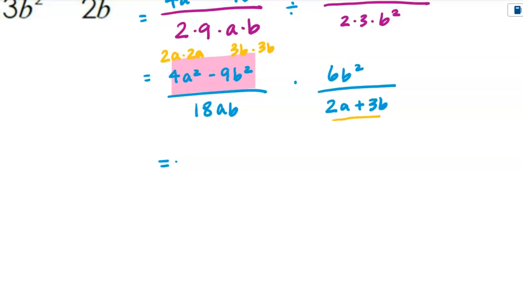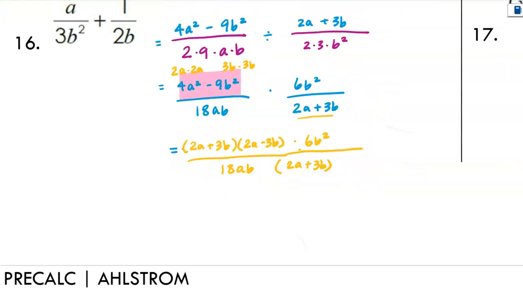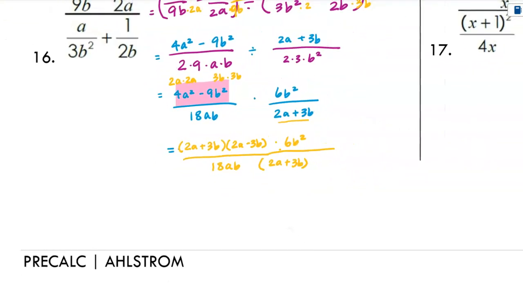Remember I said think like a teacher. So I'm going to go ahead and factor that. We have 2a plus 3b and 2a minus 3b, over 18ab, put it under one big one, times 6b squared, parentheses 2a plus 3b.